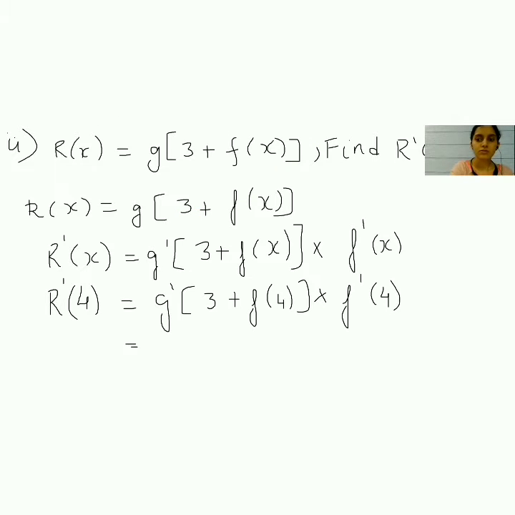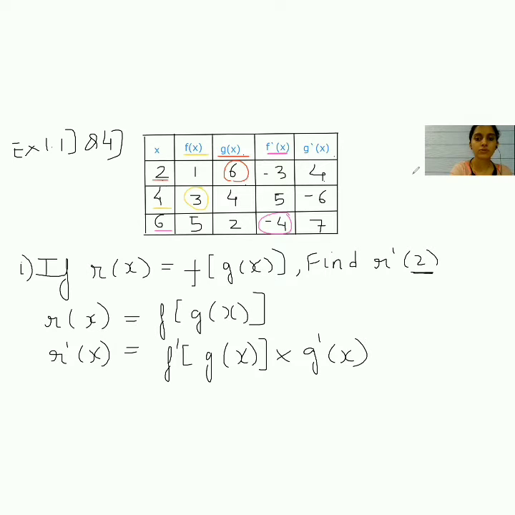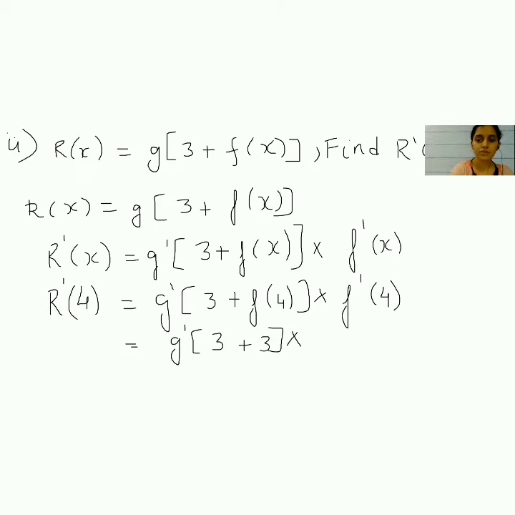So this will be g dash of 3 plus 3 multiplied by, what is f dash of 4? f dash of 4 will be 5. So we'll put in 5 here, right? So we have g dash of 6 multiplied by 5.